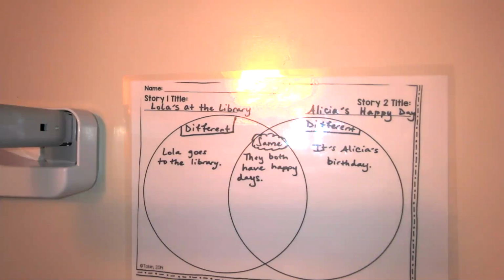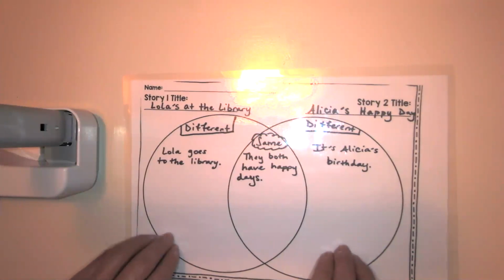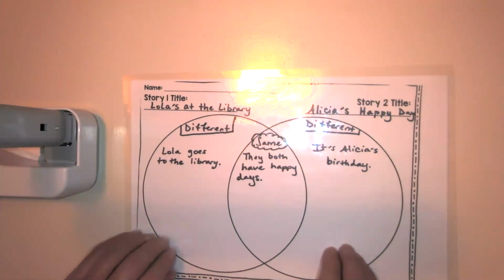We never really see Alicia and her mommy get a snack, even though Alicia does get some ice cream from someone, but we don't see her and her mommy getting ice cream. So we know that Lola and her mommy go and get a snack because that's their tradition after the library on a Tuesday.